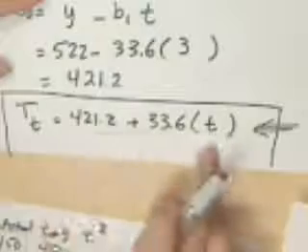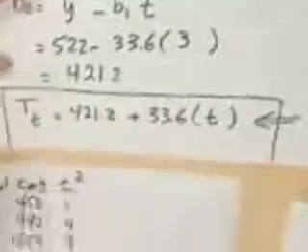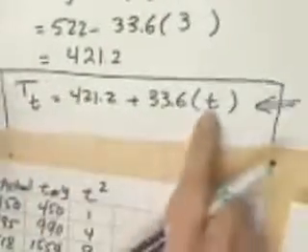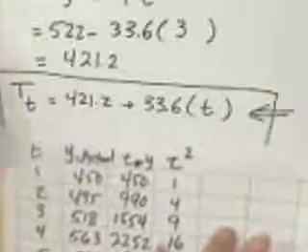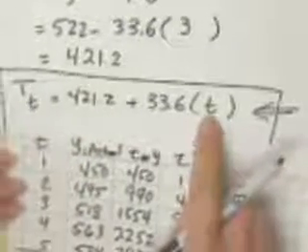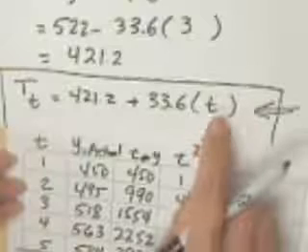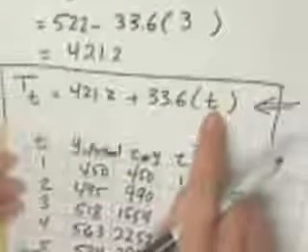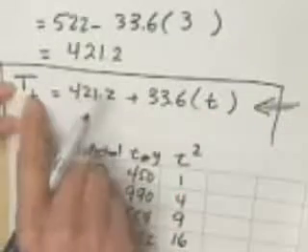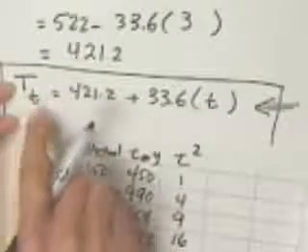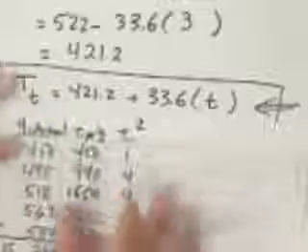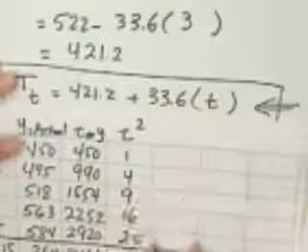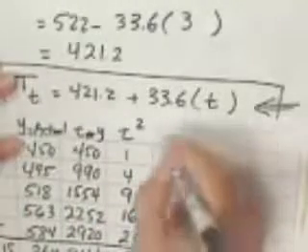Now you can use that forecasting model and plug in 1 or 2 or 3 or 4 or 5 in here, come up with the forecast for time period 1, 2, 3, 4, 5, list those numbers in this column, and that will be your forecast.